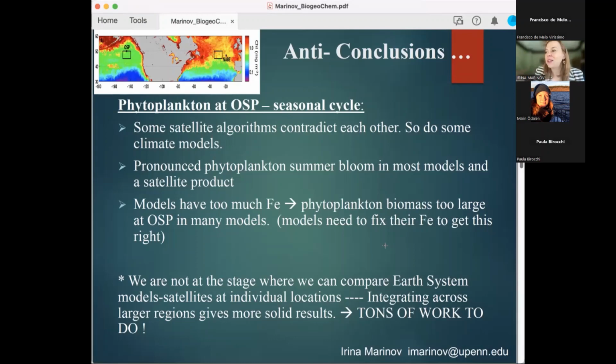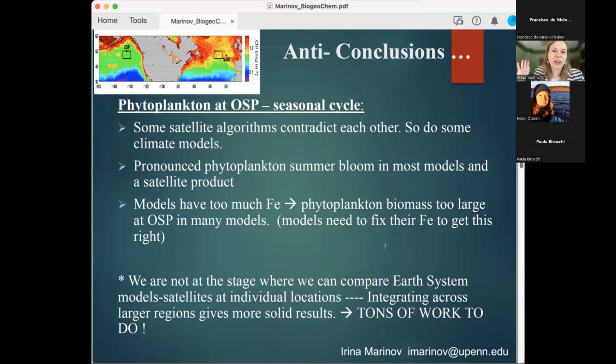This also is a kind of cry for attention for groups that use satellite model output of chlorophyll and biomass for data assimilation. I've seen this done over and over again, and I know that many of the big groups do it, and I'm completely puzzled by it.